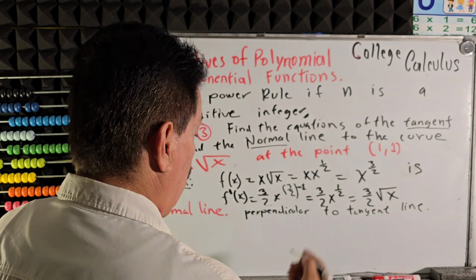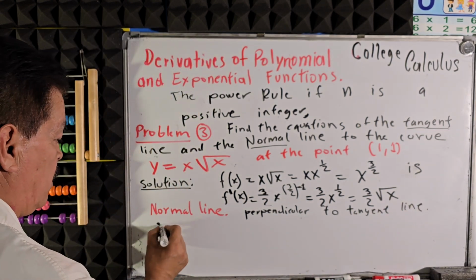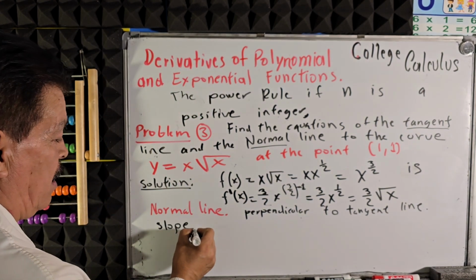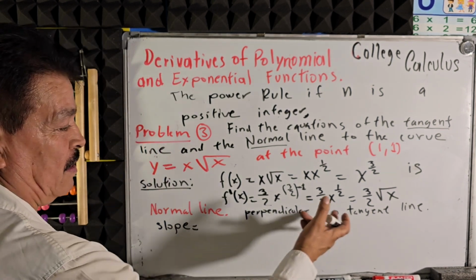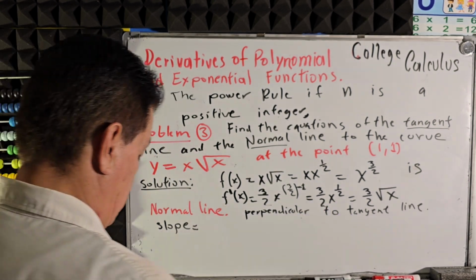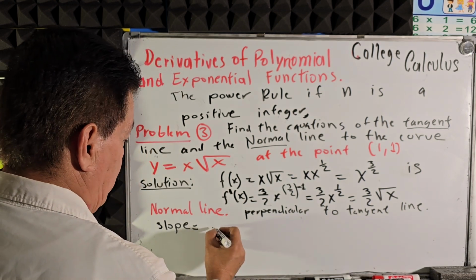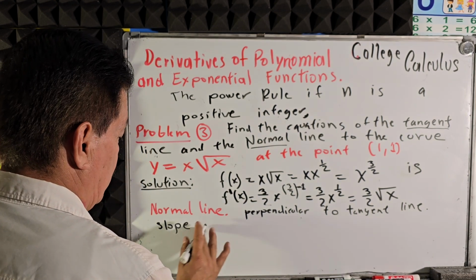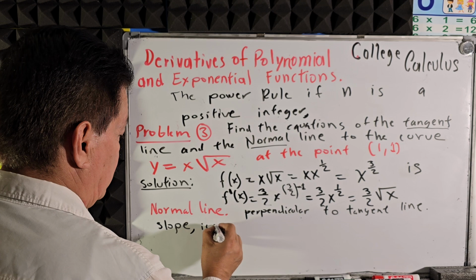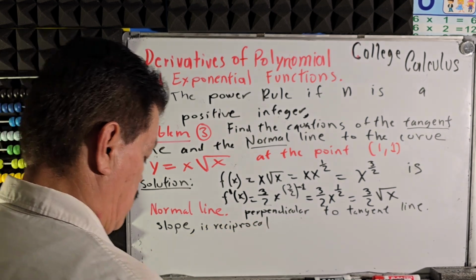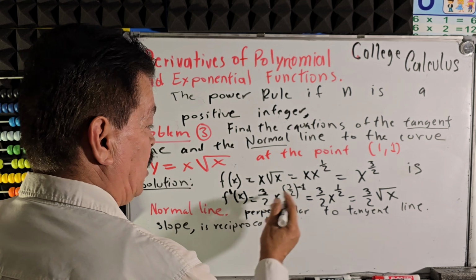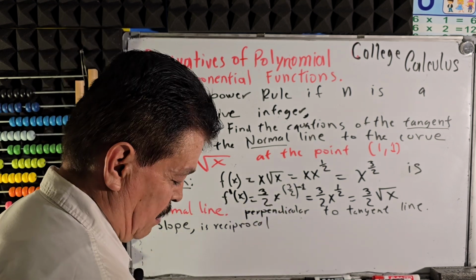So the slope will be the negative reciprocal. Reciprocal to which number?